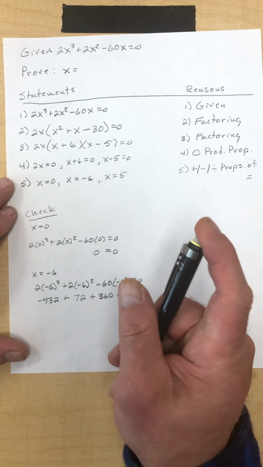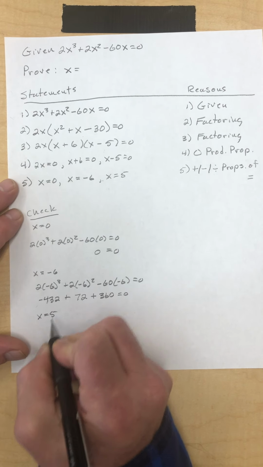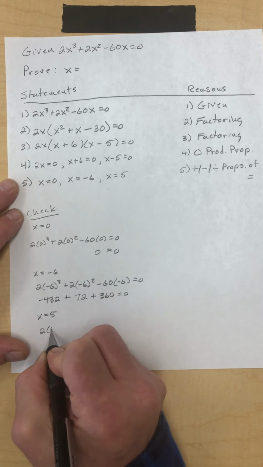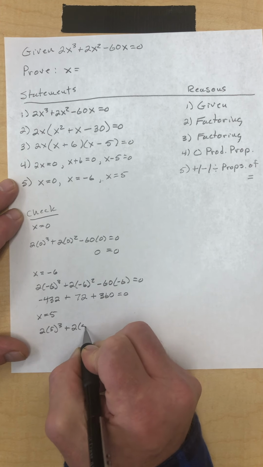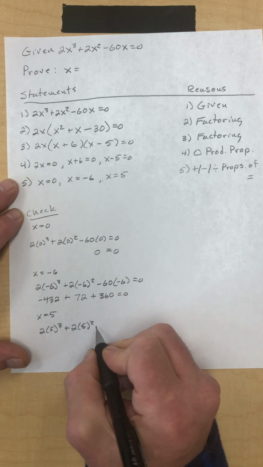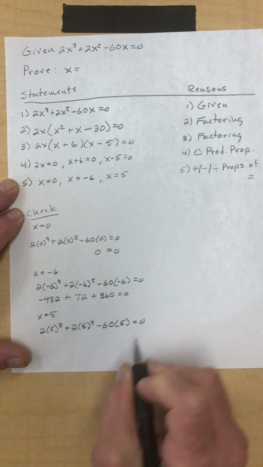So that guy works. And then we have to check x equals 5. So I have 2 times 5 cubed plus 2 times 5 squared minus 60 times 5. Does that equal 0?